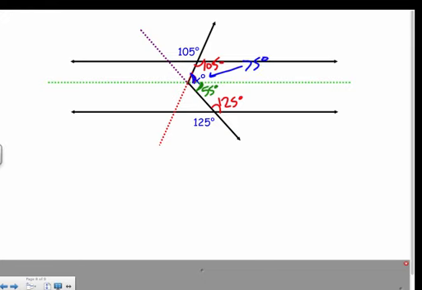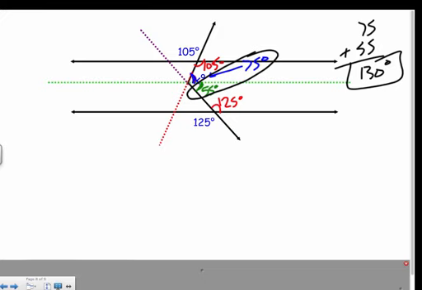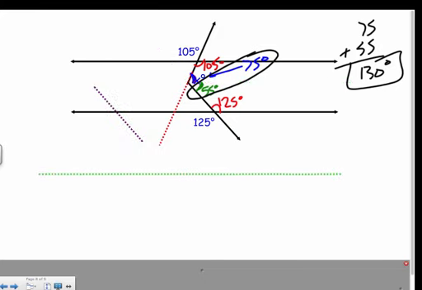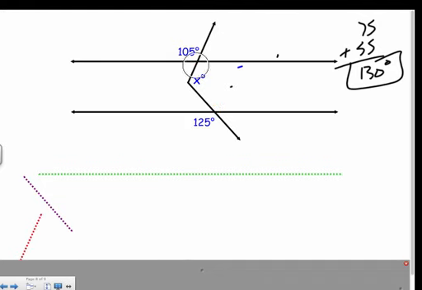Well, those two angles that I just found added together make x all together, don't they? Let's add the 75 plus 55, which gives us 130 degrees. Isn't that what x really is? If I took away this transversal here and erased some of my stuff, that's what that x was originally, 130 degrees.